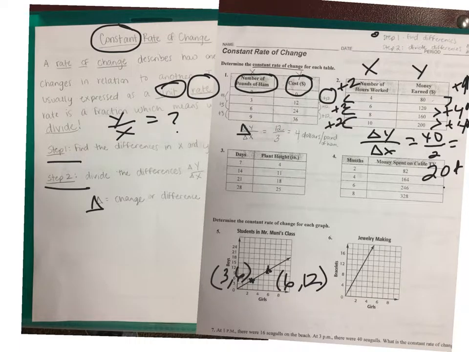Okay, now I know that I need to do change in y divided by change in x, and so whenever I go from this point to this point, my y's have a plus 6 change and my x's have a plus 3 change.